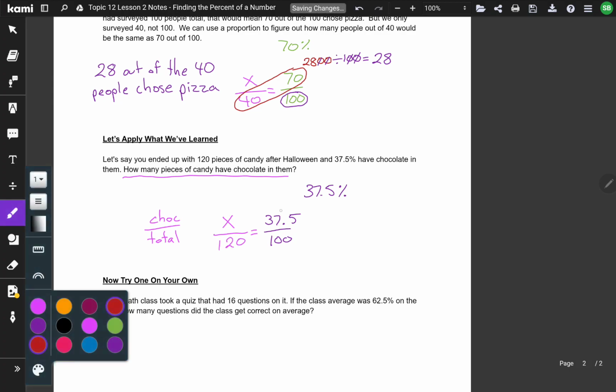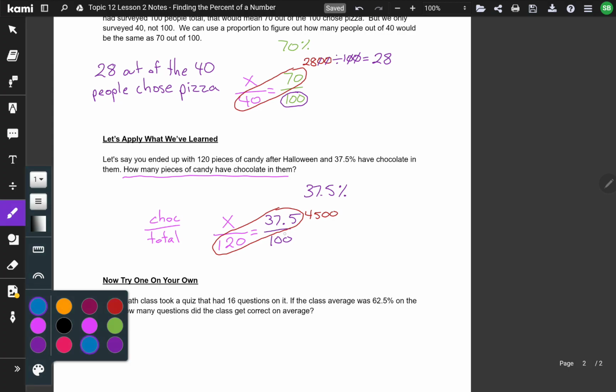From here, cross multiply. This is a situation where I don't know what that is off the top of my head. There's no quick trick to do it, so I'm getting my phone out to use my calculator. Use the calculator on your computer and do 120 times 37.5. When I type that in, I get 4,500.